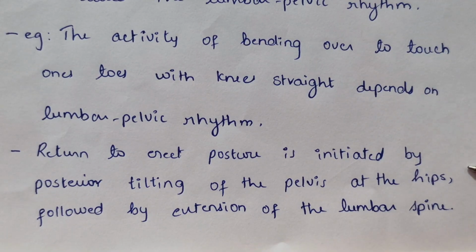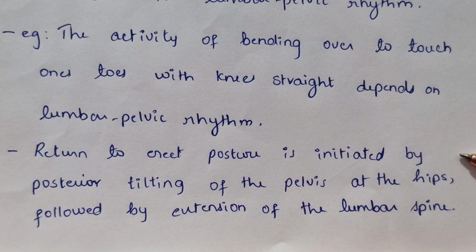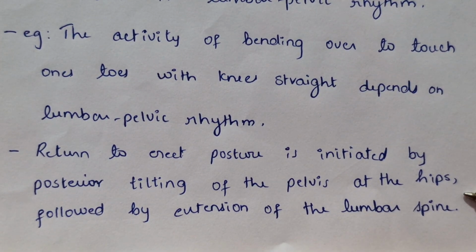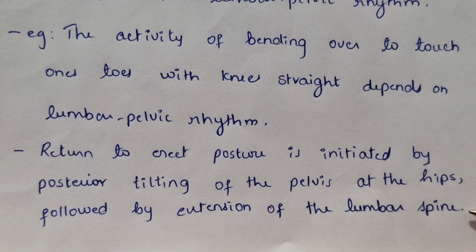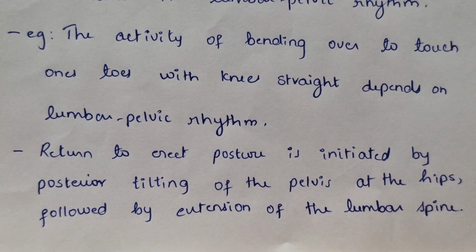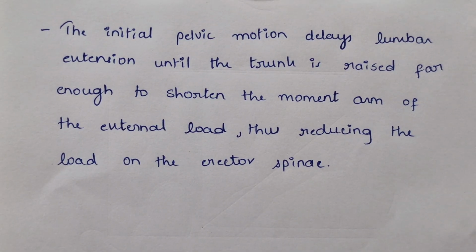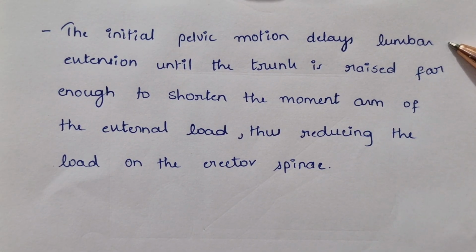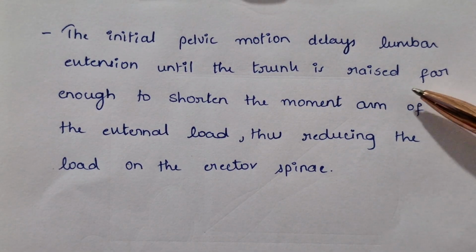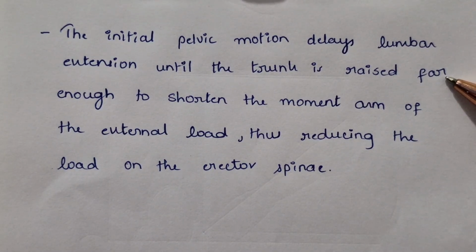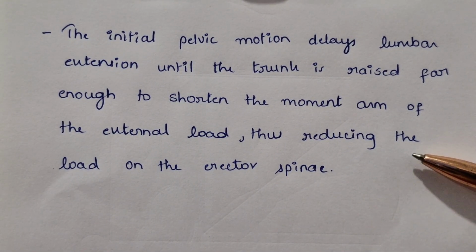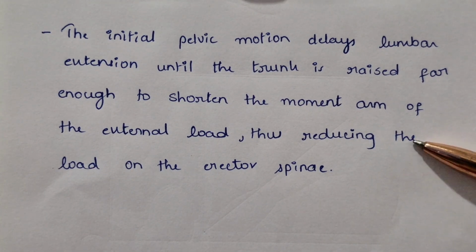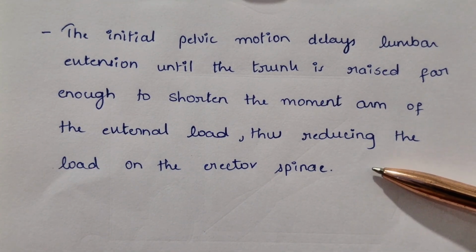Return to the erect posture is initiated by posterior tilting of the pelvis at the hips, followed by extension of the lumbar spine. The initial pelvic motion delays lumbar extension until the trunk is raised far enough to shorten the movement arm of the external load, thus reducing the load on the erector spinae.